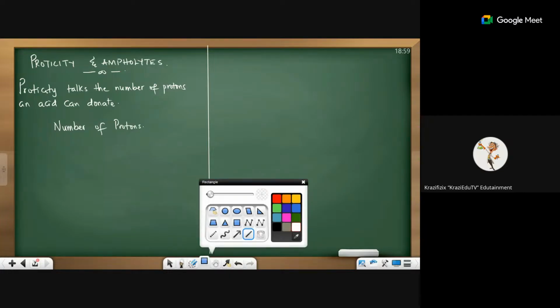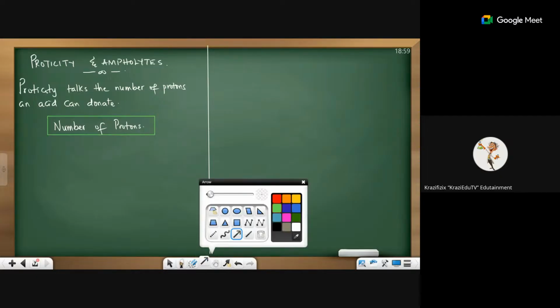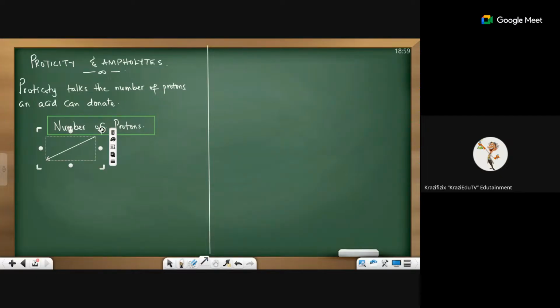We have what we call monoprotic acids and polyprotic acids. In 11th, we are finishing acid and base as supposed to be in grade 12. Complete.